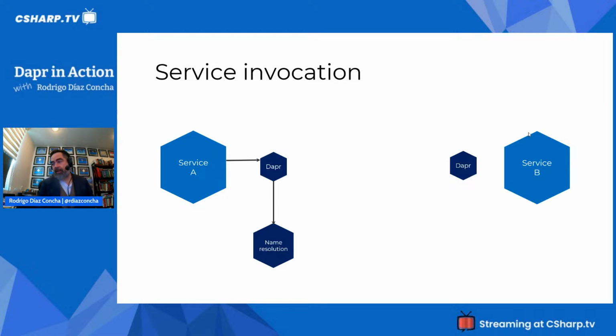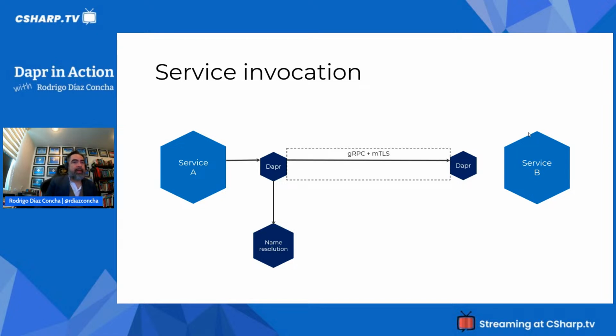And if you're running in Kubernetes, it's going to use Kubernetes DNS. I'm going to talk a little bit later about that. Okay. So the thing is that you need this name resolution service or component responsible for telling you, hey, you know what? Service B is running at this address and port. Okay. This is the responsible one.